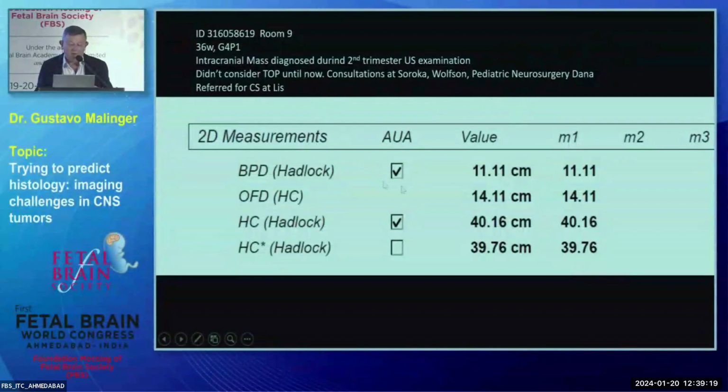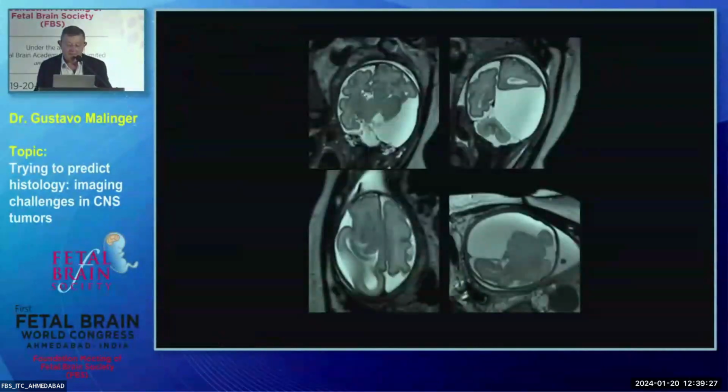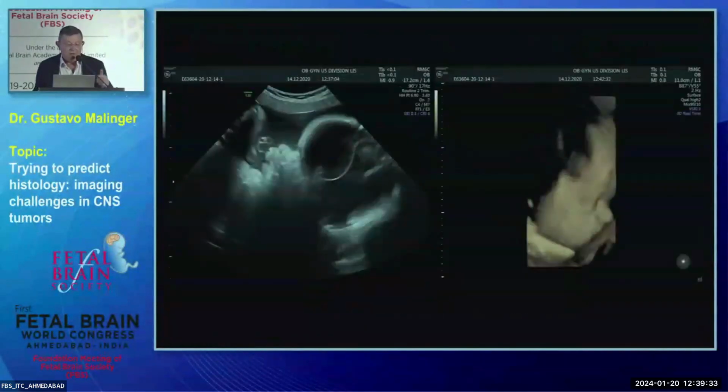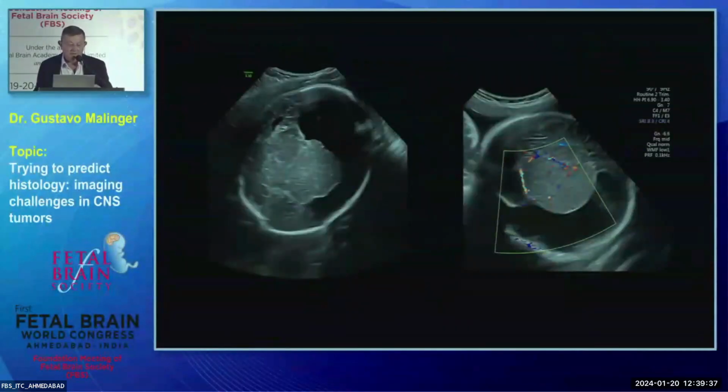What we saw was a huge head circumference with a very large biparietal diameter. They came with an MR saying the mass was apparently mostly cystic, with frontal bossing.